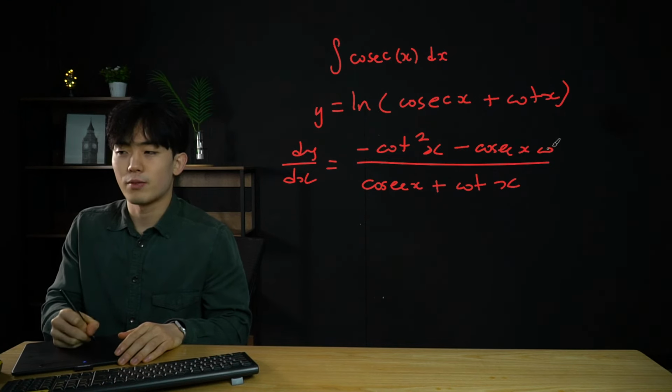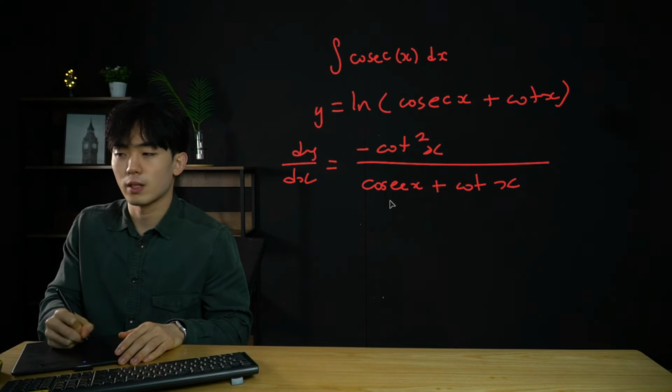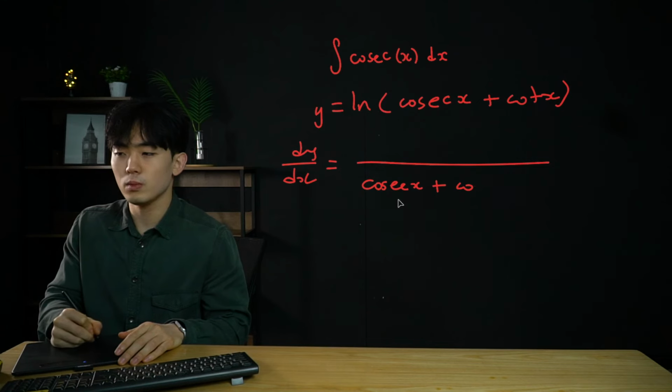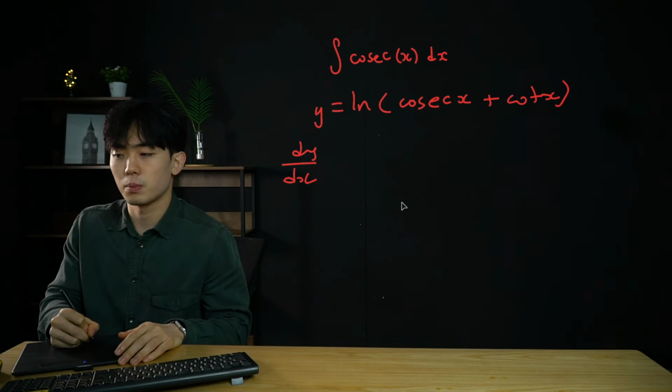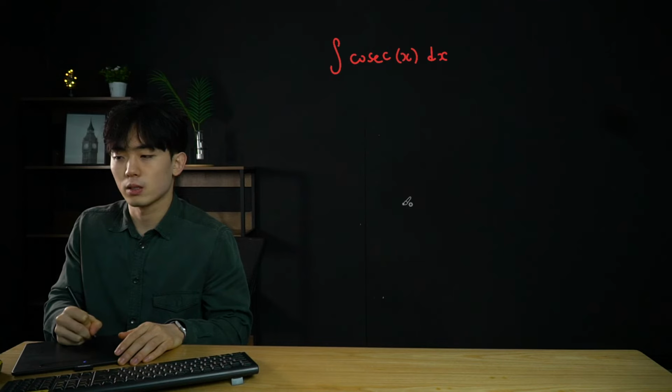If we were to go about now factorizing the numerator, taking the cosecant out, or let's take the negative out as well, so negative cosecant x out, we'll be left with cot x plus cosec x. Okay, and that's all over cosec x plus cot x. You can see that now these two terms can cancel, and we're left with negative cosecant x.